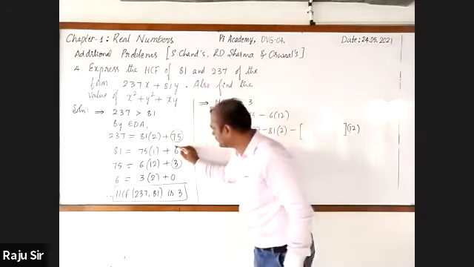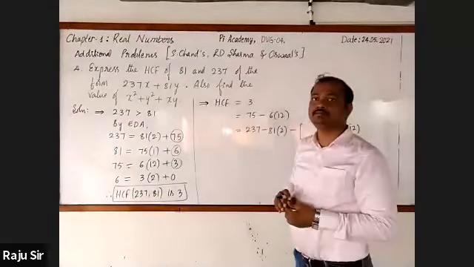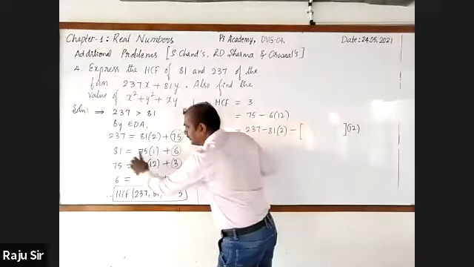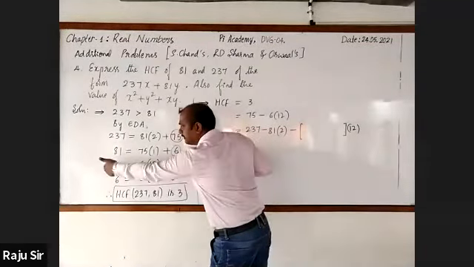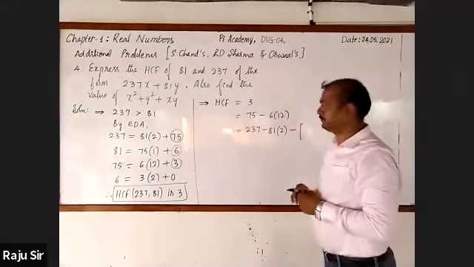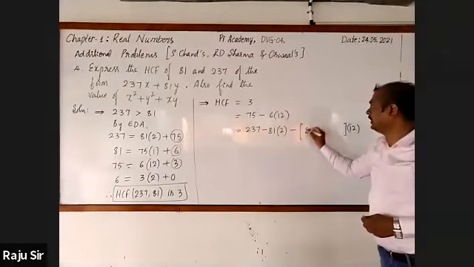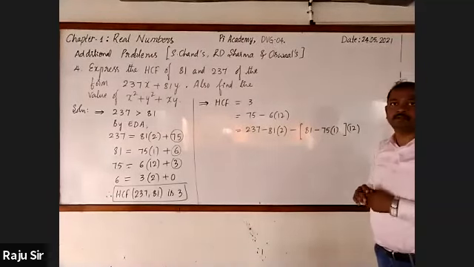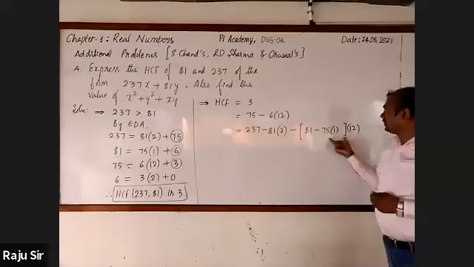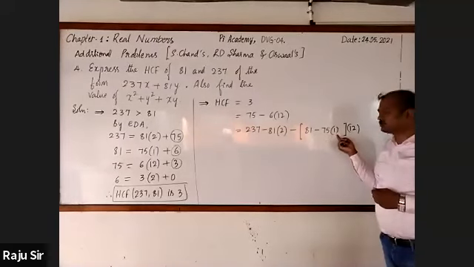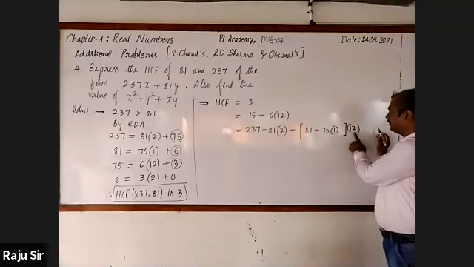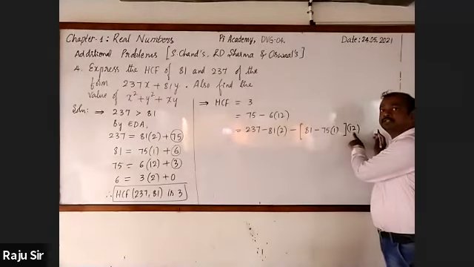It is in the second step. 6 can be written as 81 minus 75 ones. Right. 81 minus 75 ones. See, here I have used common brackets as well as square brackets, as we have one more term outside the bracket.